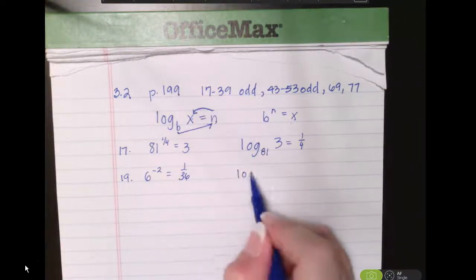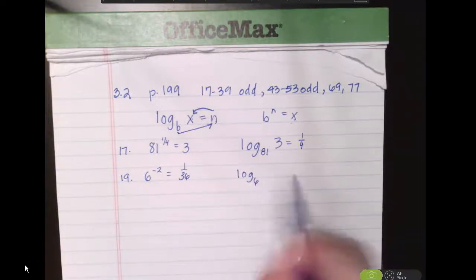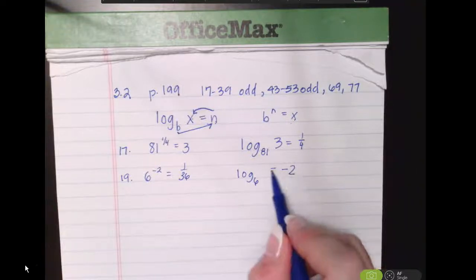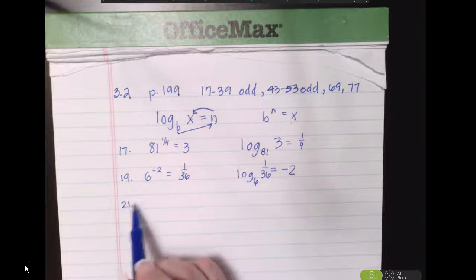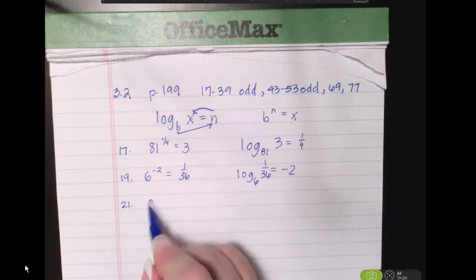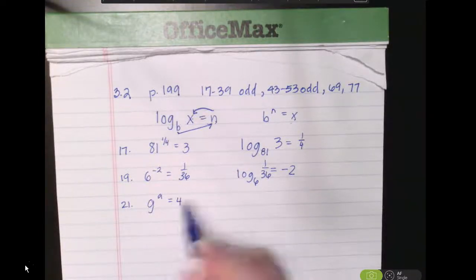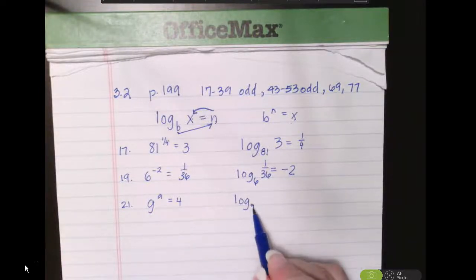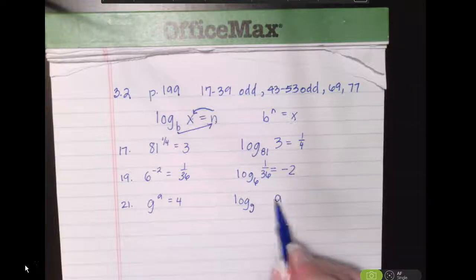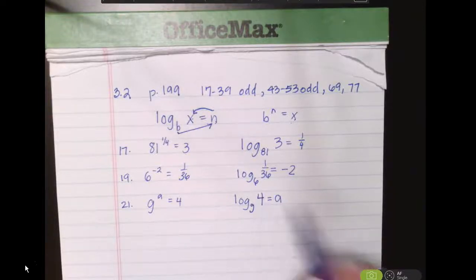So I've got my log, my base is 6 to the negative 2 power equals 1/36. In 21, g to the a equals 4. So in logarithmic form, I've got my base, log base g to the a power equals 4.